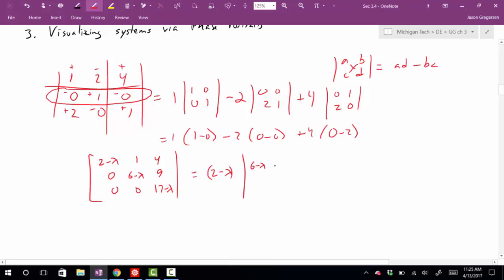The subdeterminant, though, looks like this, which is also a diagonal matrix. And then if I calculate that subdeterminant, I get this, 6 minus lambda, 17 minus lambda, minus 0. And then I find the right lambda values, I get 2, 6, and 17, which were the values on the diagonal of my original matrix.